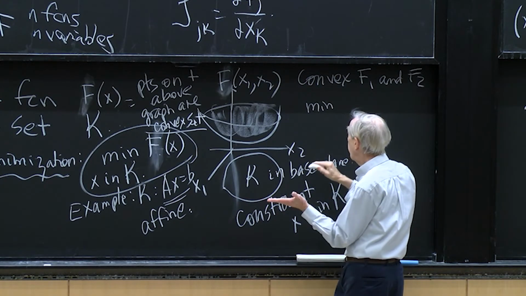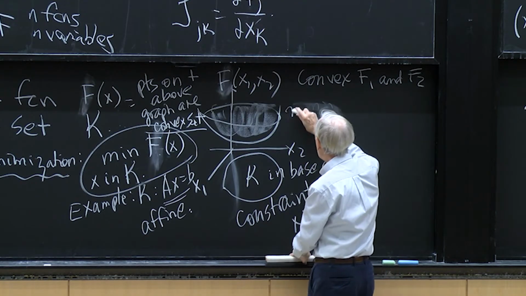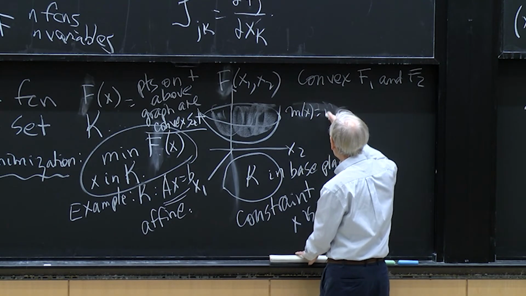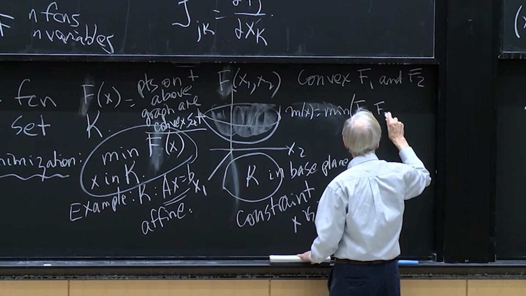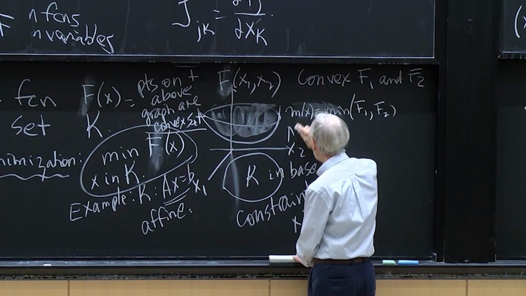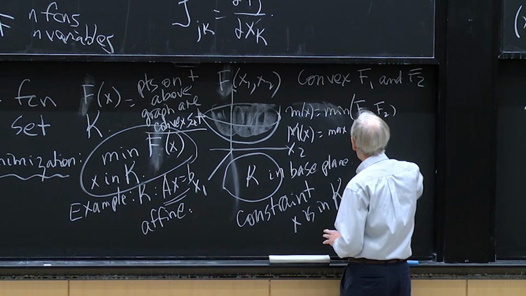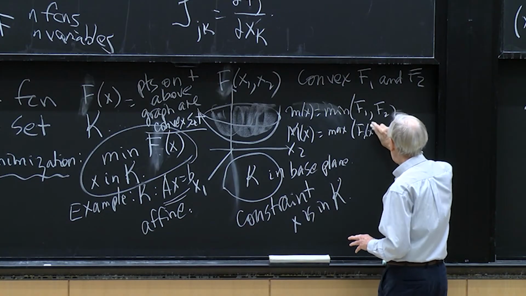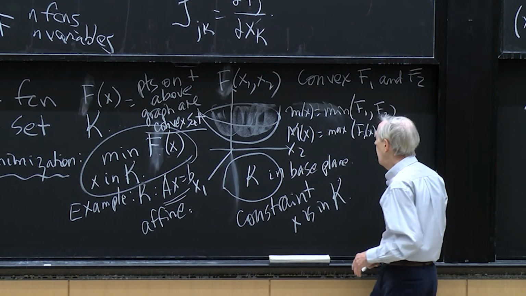I could choose my new function, shall I call it little m for minimum? m of x is the minimum of f1 and f2. And I could choose a maximum function, which would be the maximum of f1 of x and f2 of x at the same point x.